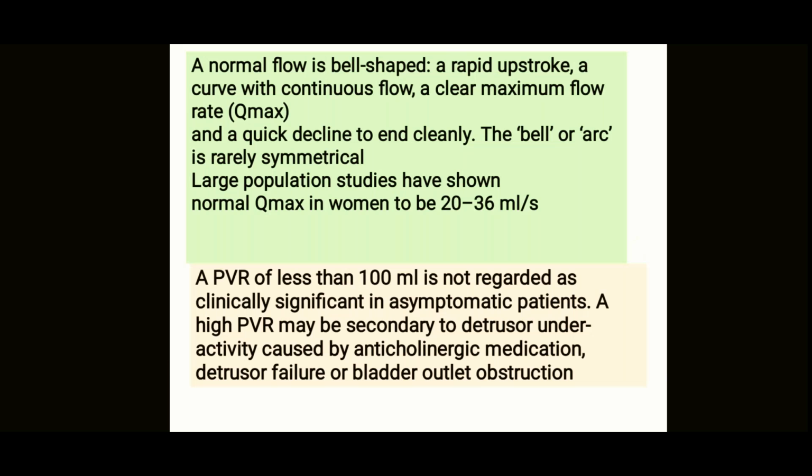Now this uroflowmetry is a normal flow. The normal flow is seen as a bell-shaped curve with a rapid rise and continuous flow, a clear maximum flow called Qmax, and a quick decline to the end.